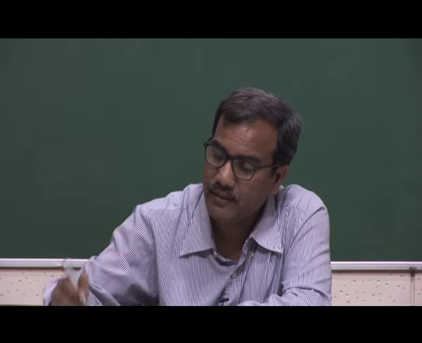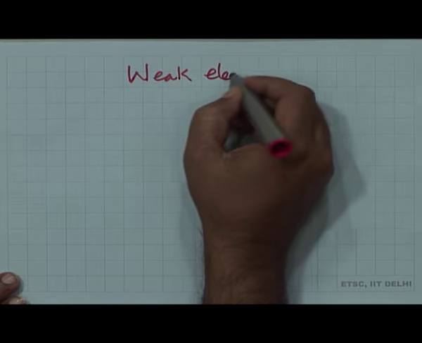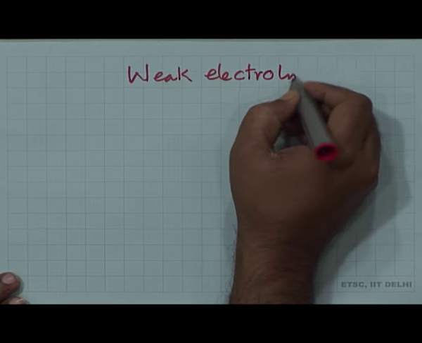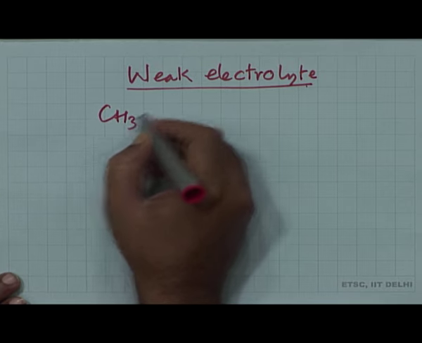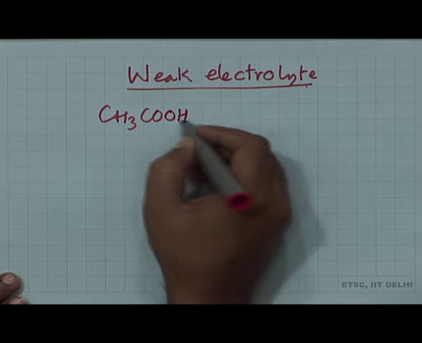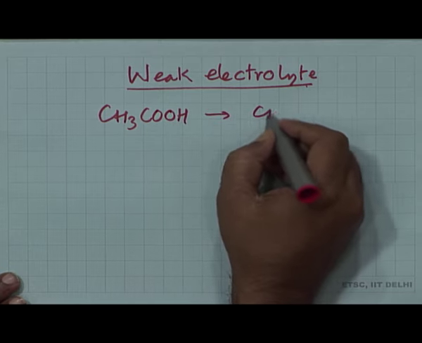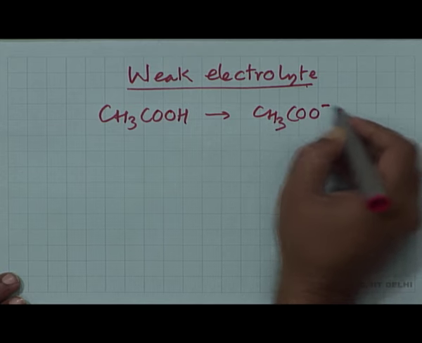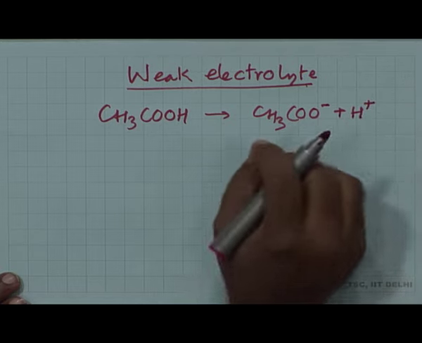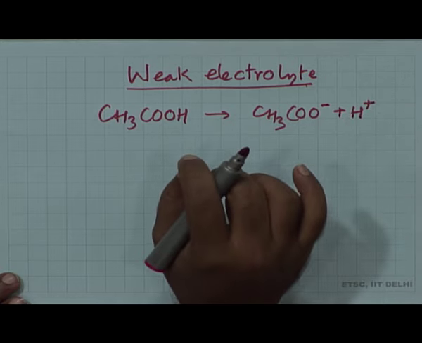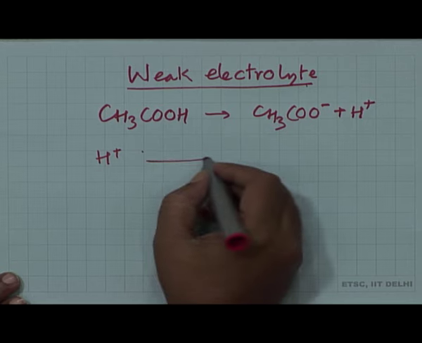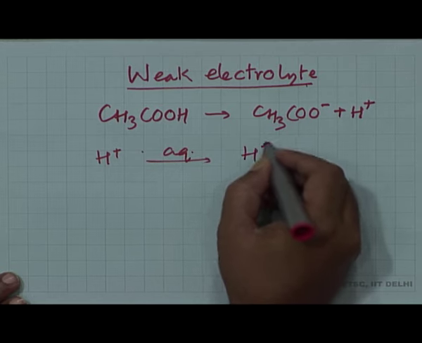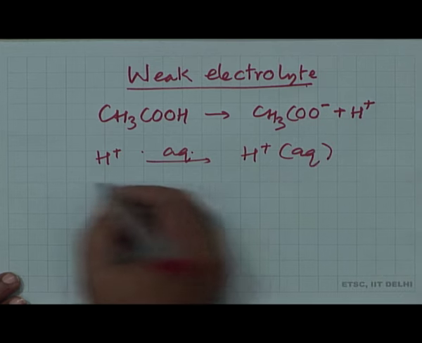On the other hand, in the case of a weak electrolyte, for example acetic acid, the behavior of one of the anion and cation will be different, whereas H plus simply gets hydrated.